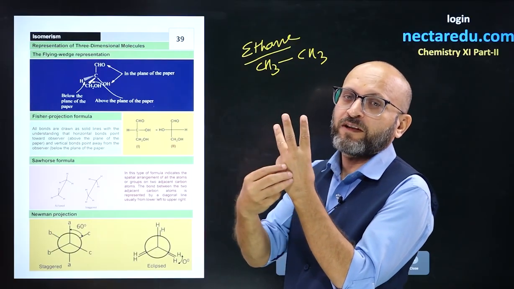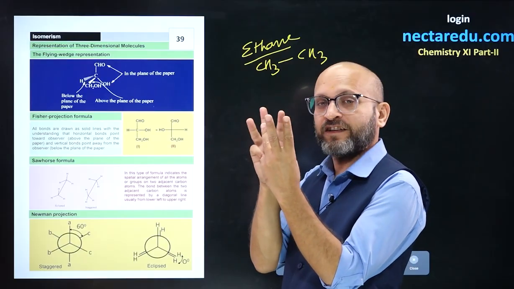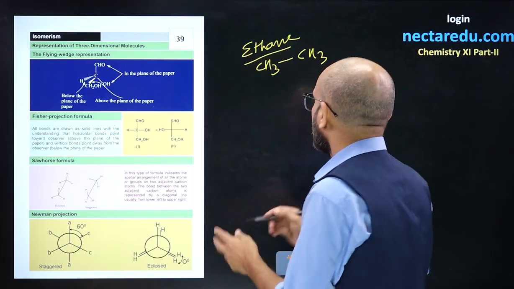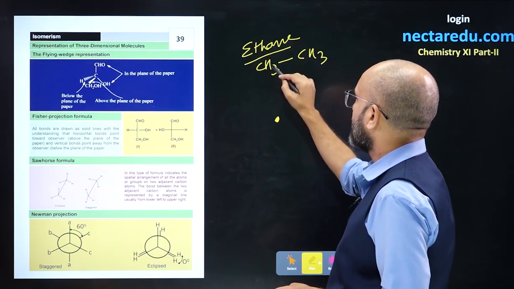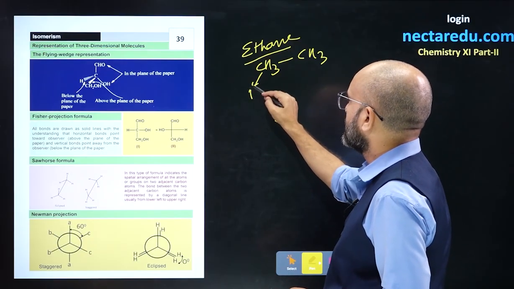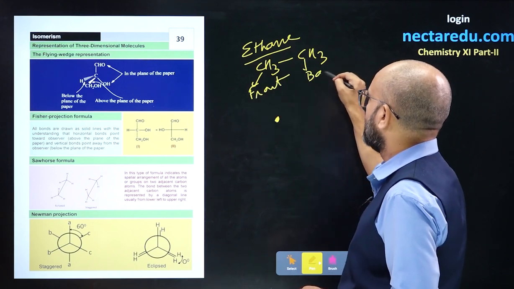The front carbon will be represented with a dot and the back carbon will be represented with a circle. CH3CH3, I'll write it like this. This is the front carbon, and this is the back carbon.